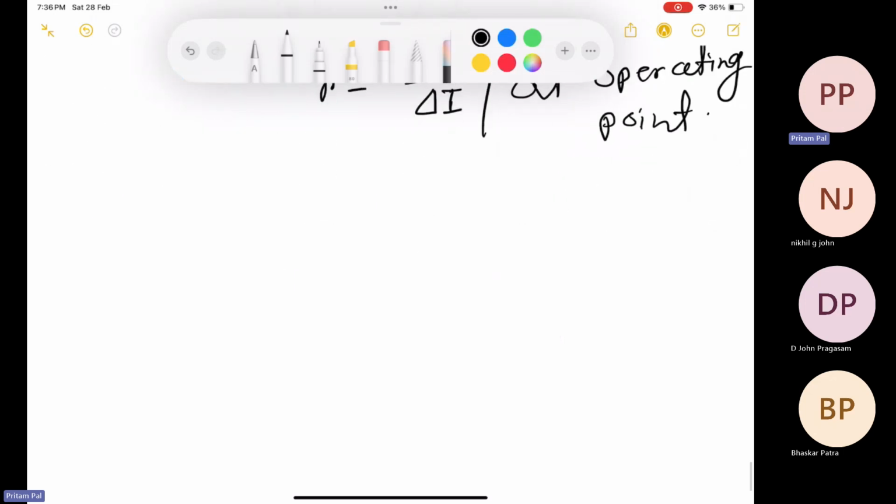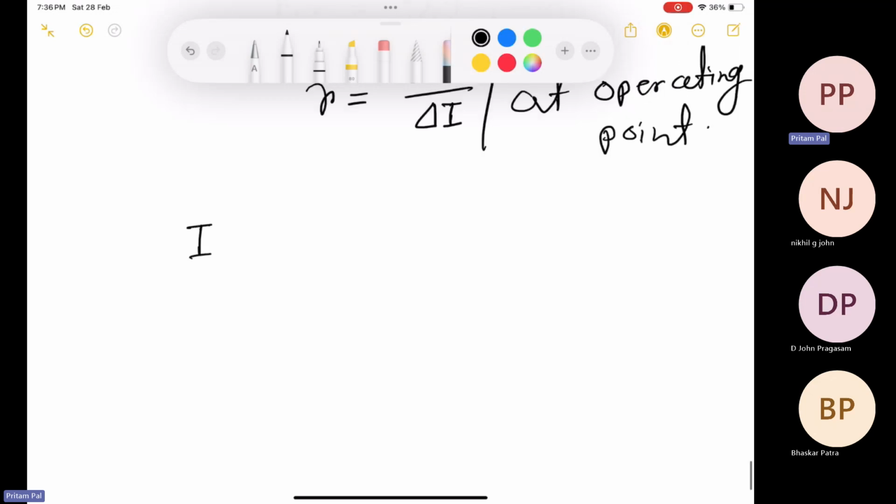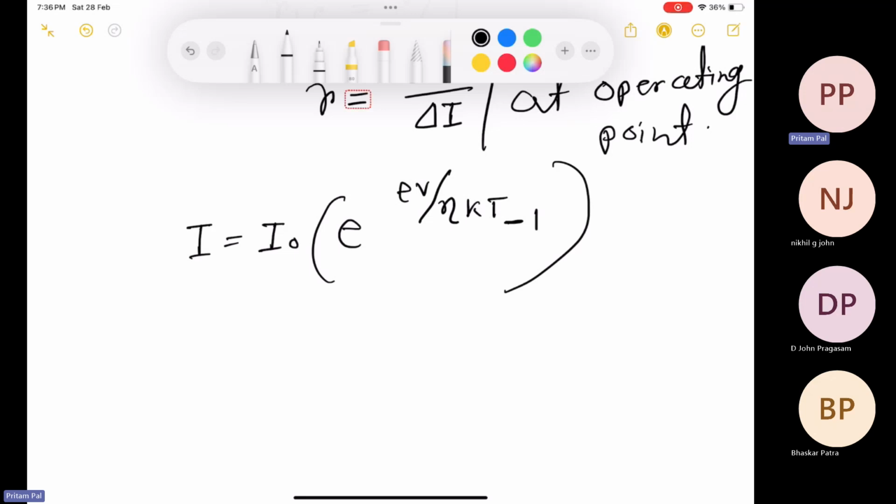So under the large enough forward bias condition, I already told you, derive the expression, which is I equals I naught, the reverse saturation current, times e to the power eV by eta kT, minus 1.